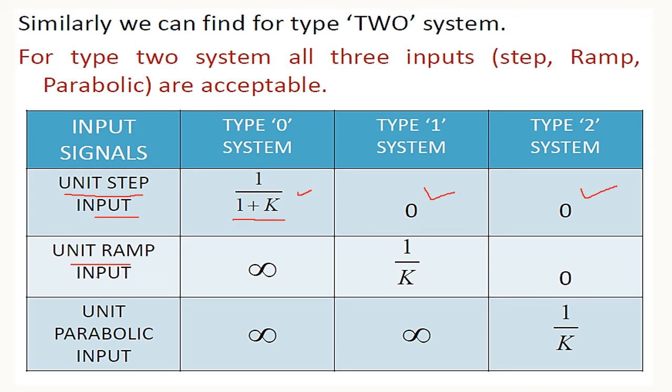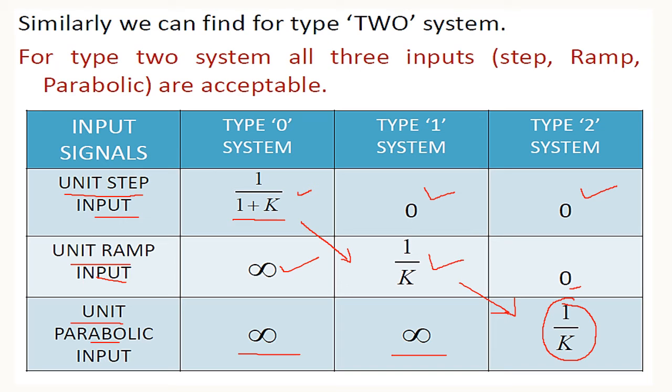For unit ramp input, for type 0 system, we got infinite value. For type 1 system, it is 1 by k. For unit parabolic input, we got infinity, but we got a constant value for type 2 system. As you can see, the diagonal values.